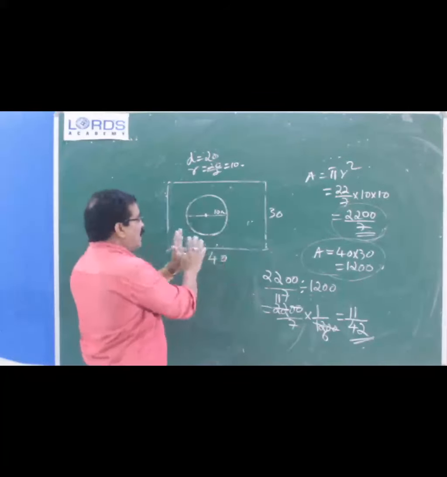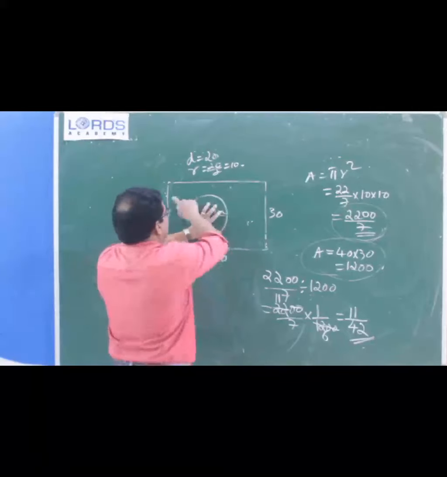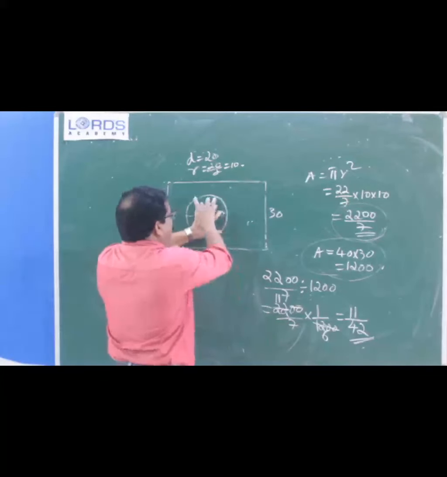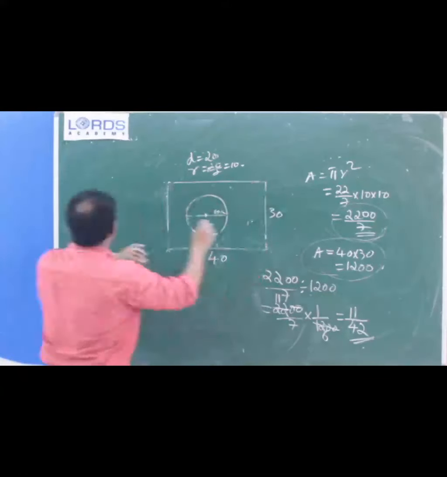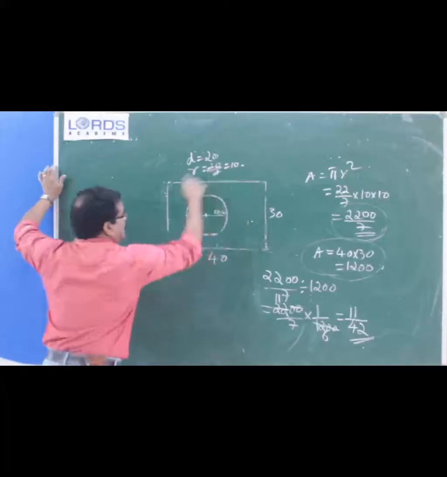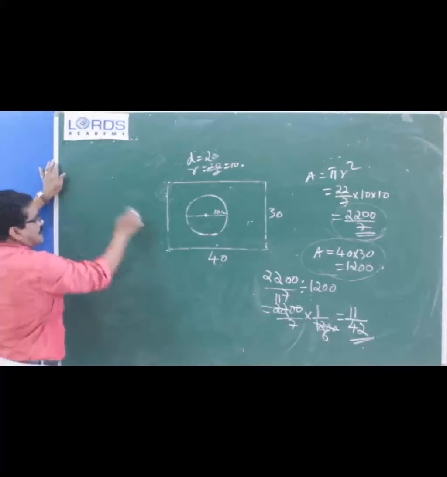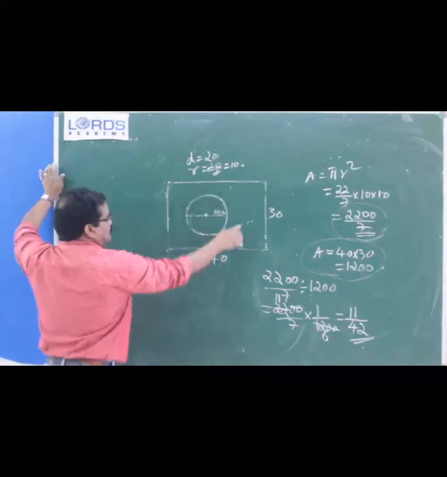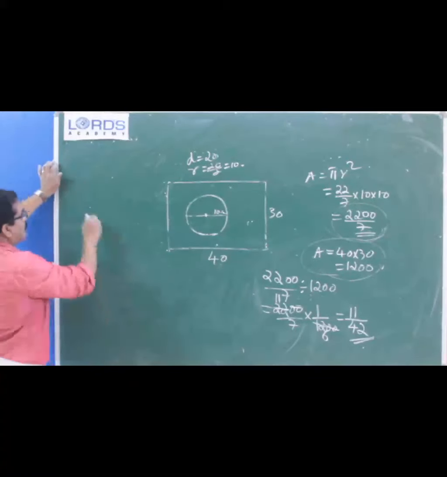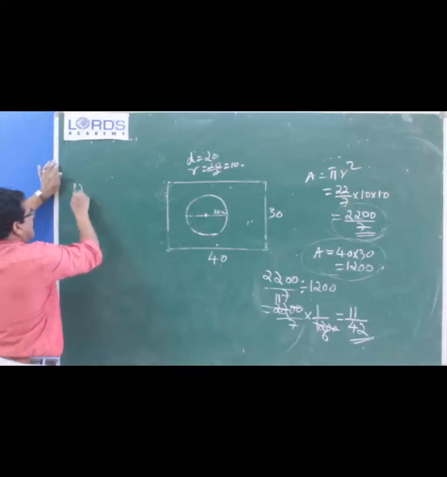The number of favorable cases will be the area of, you avoid this, you remove this area. That means the area of the rectangle, 1200, minus the area of the circle, you will get the number of favorable cases here.